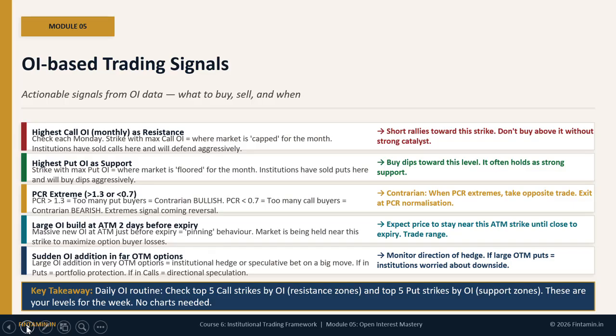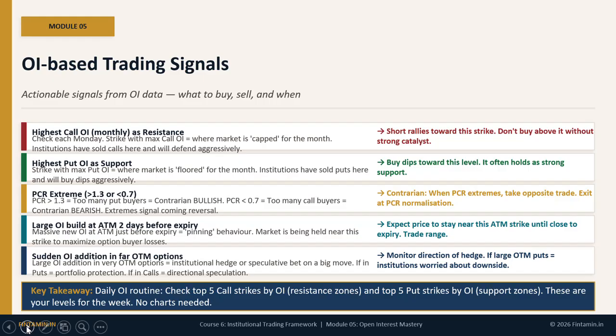Signal number 4 is sudden OI addition in far OTM puts. When you see massive fresh OI added in 5 to 8% OTM puts, strike far below current price, it means large institutions are buying portfolio protection. They know something the market does not. This is the warning signal. Reduced long exposure.